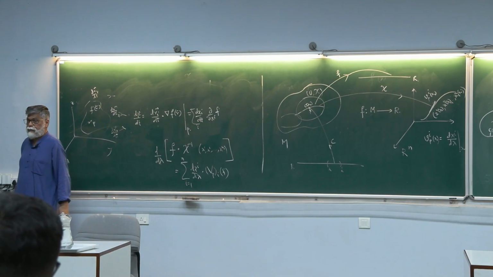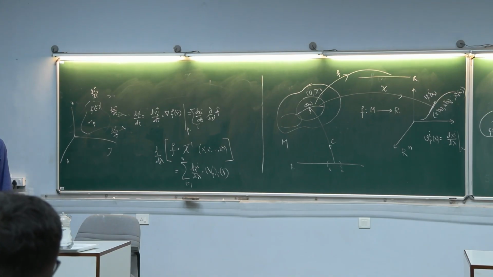Okay. And this object, so this provides me a mapping which says, and this is a real number.